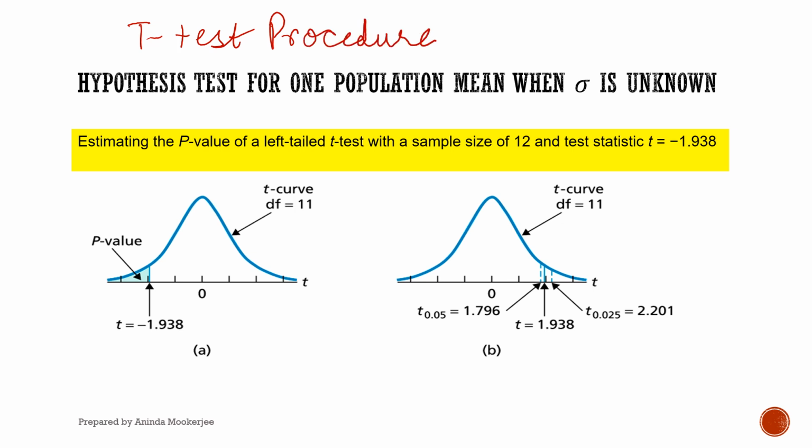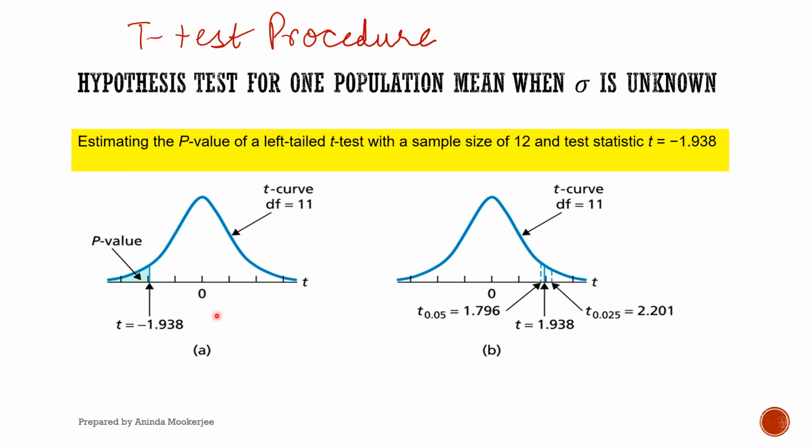It works very similar to what we learned when finding the confidence interval when the population standard deviation is unknown. So, hypothesis test for one population mean when sigma is unknown. The way we find our p-value in this case is we have to estimate the p-value from our table. If you are using the table, then it is an estimation.